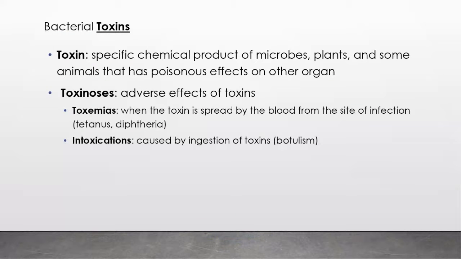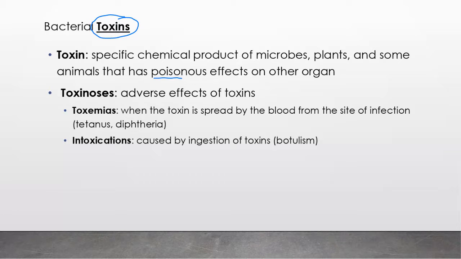Okay, now we're going to talk a little bit about toxins. This toxin again is produced by some microorganisms, and some of them are also produced by macroorganisms. For example, snakes produce toxin like poison.